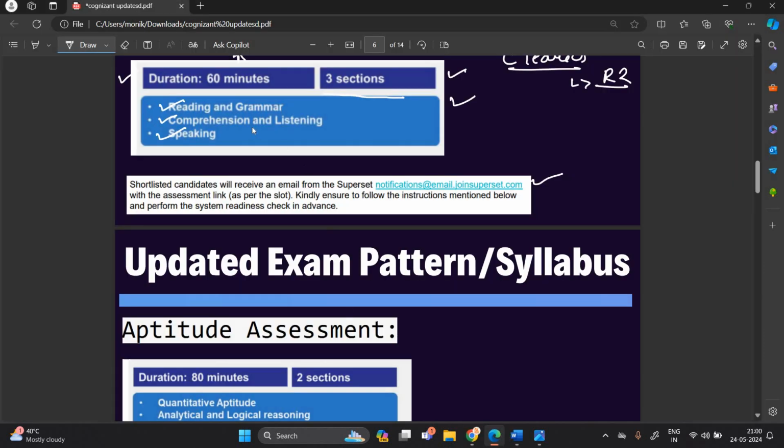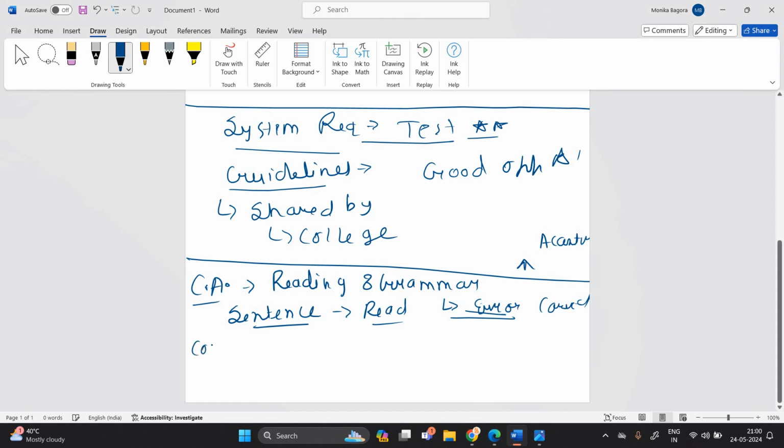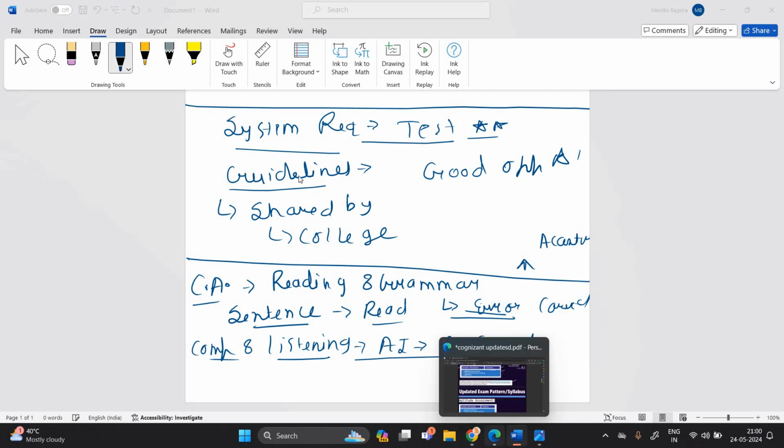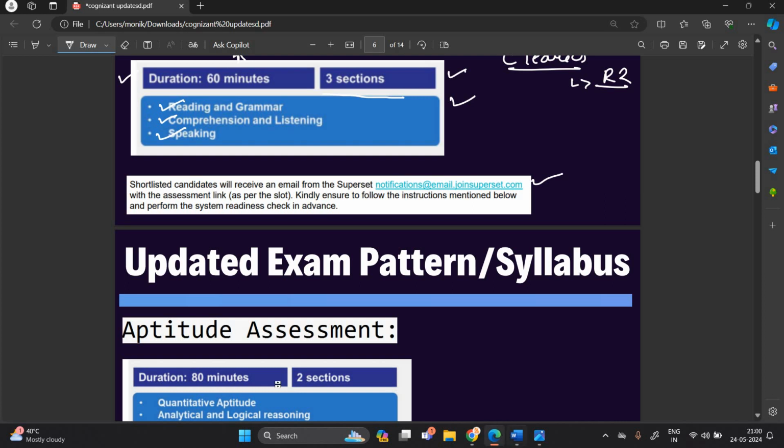And what is next? The next is related to comprehension and listening. Comprehension and listening means, they mention that one AI voice will be played, and you have to give your answer according to that. And the next is related to speaking.